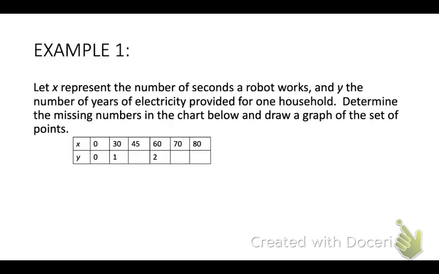So now let's jump into an example. So here we're going to let x represent the number of seconds a robot works. And y is the number of years of electricity provided for one household. Determine the missing numbers in the chart below and draw a graph of the set of points.